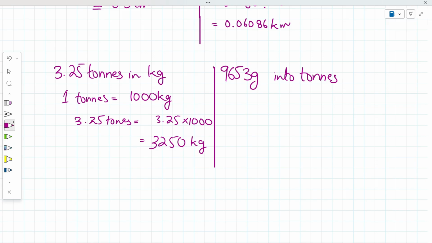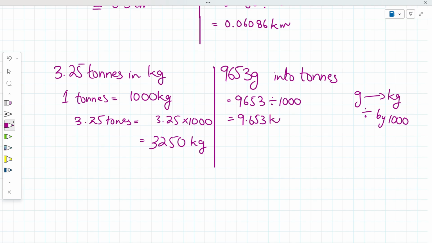So grams into tons: first we go from grams to kilogram, so we divide by 1000. 9653 divided by 1000 gives 9.653 kg.